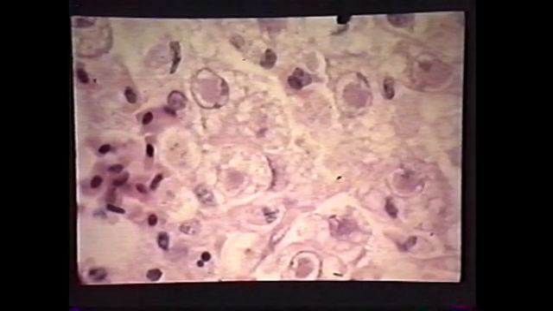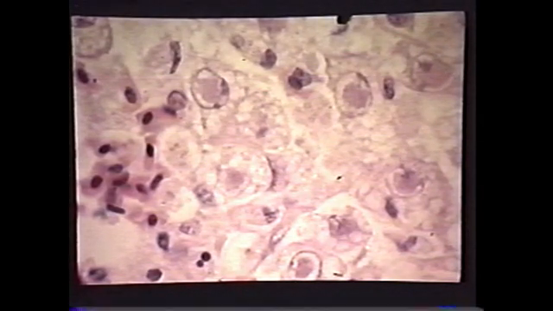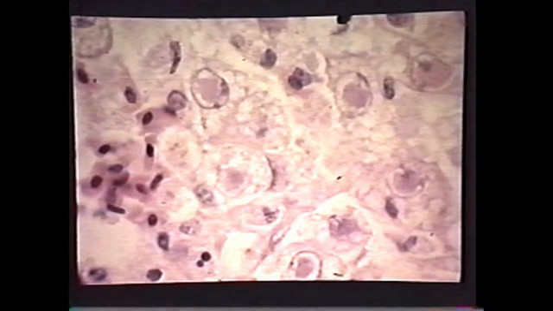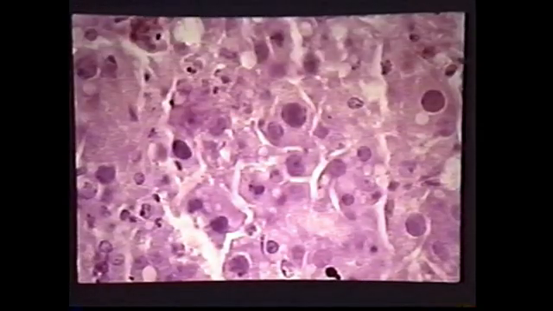Histologically, areas of necrosis and these large eosinophilic intranuclear inclusion bodies. You see these in advanced cases, 4 or 5 days after infection. These inclusion bodies turn eosinophilic. Earlier than that, they look basophilic, like these ones.